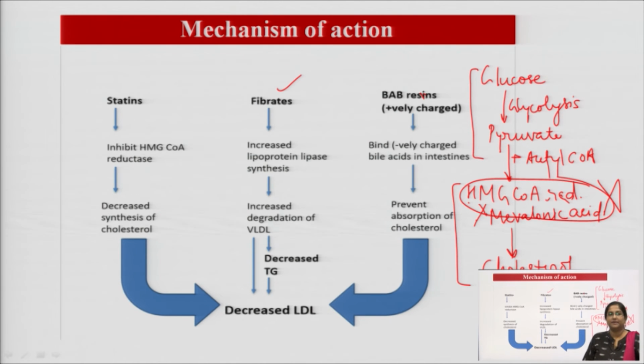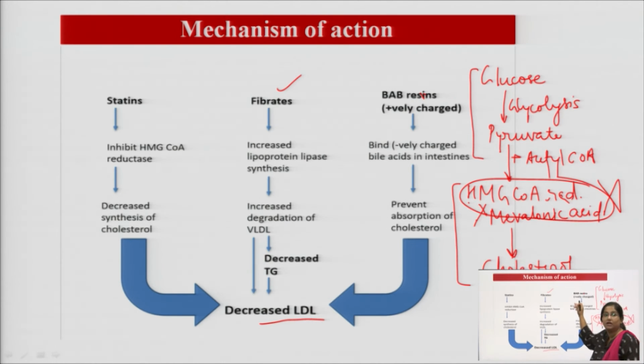Fibrates, how do they work? Fibrates simply increase the lipoprotein lipase synthesis in the body. What does lipoprotein lipase do? It breaks down the fat into smaller parts. So, if lipoprotein lipase increases in the body, the degradation of VLDL will increase. It will dissociate into smaller parts fast and more efficiently, and then there will be a decreased level of triglyceride and the LDL, that is low density lipid, will be decreased.